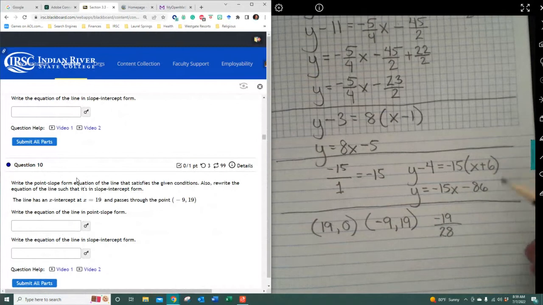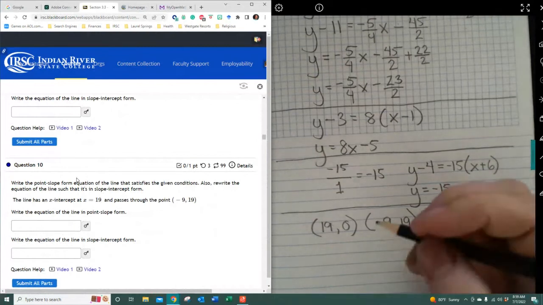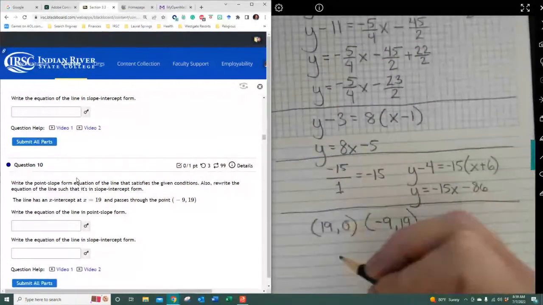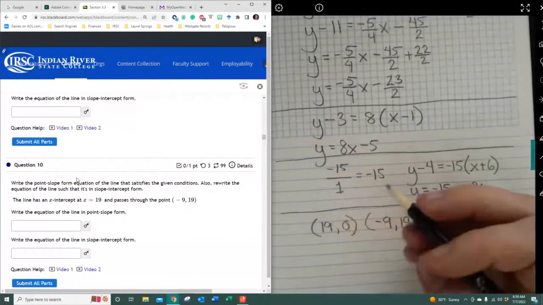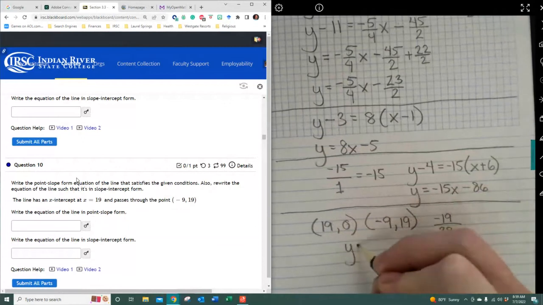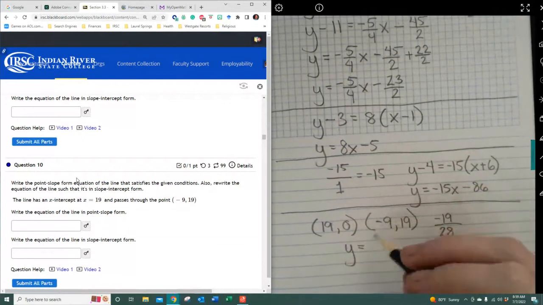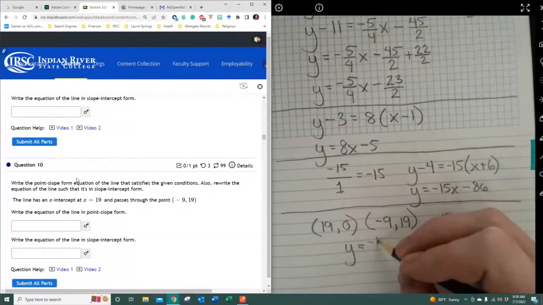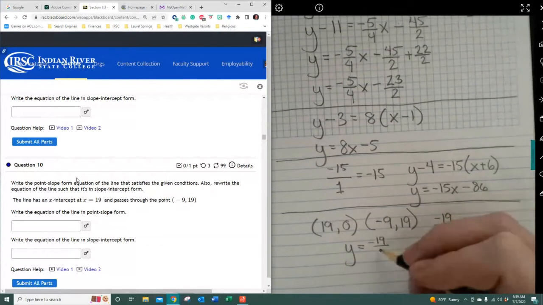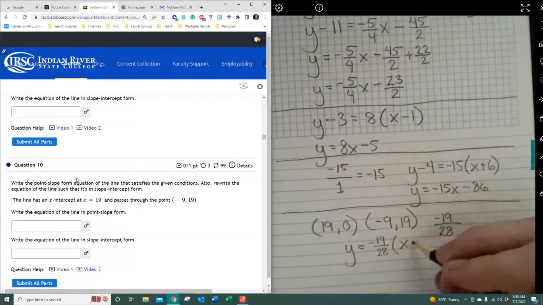You go ahead and go through the procedure by taking either one of the 2 points, preferably this one. Because when you have the x-intercept here and y equals 0, you're going to get y equals negative 19 over 28 times x minus 19.